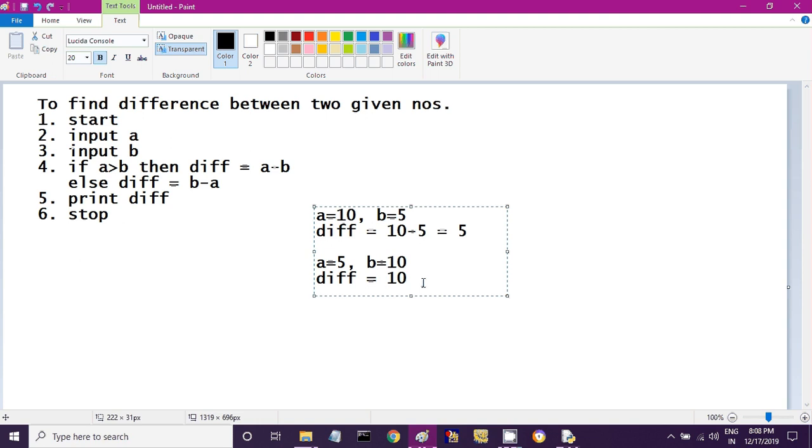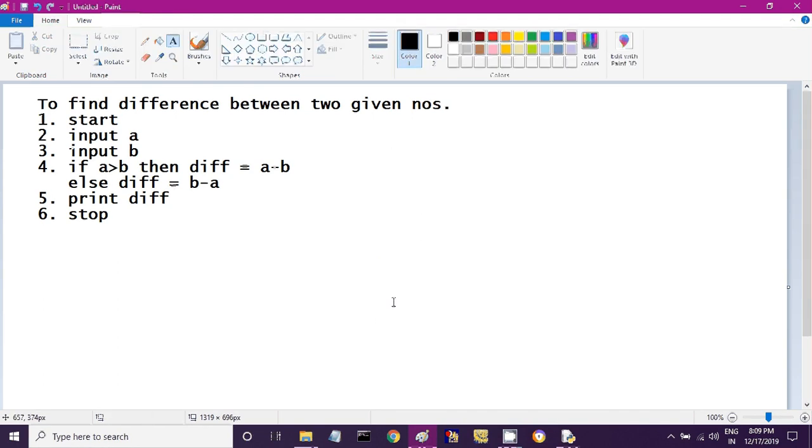So again you are getting 5 as the difference. So the difference between 10 and 5 or the difference between 5 and 10 both are the same.